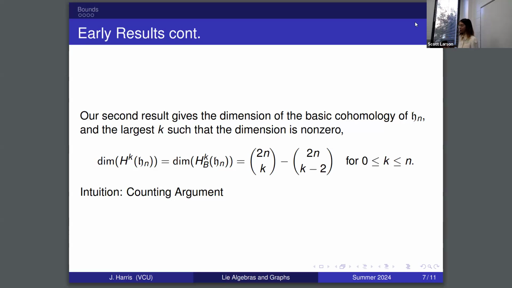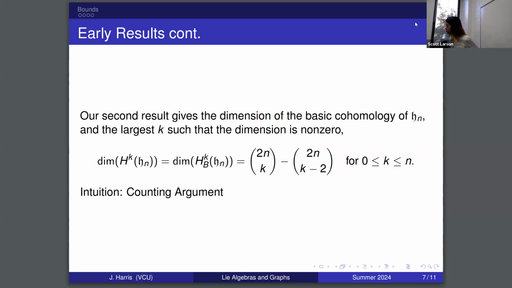For the polynomials on the bottom, since you only have one z term, you just pick k minus 2 other y terms, and that gives you your polynomials on the bottom. And it turns out both of these sets are linearly independent, so that's why this is an equality rather than a less than or equal. This relationship holds all the way up to n, after which it is going to be equal to 0.